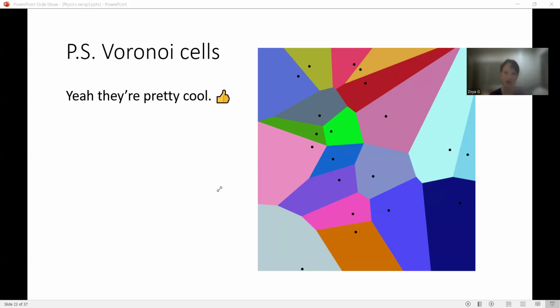And within the neutron star itself, these cells, with the black dots kind of representing the representative nucleus.